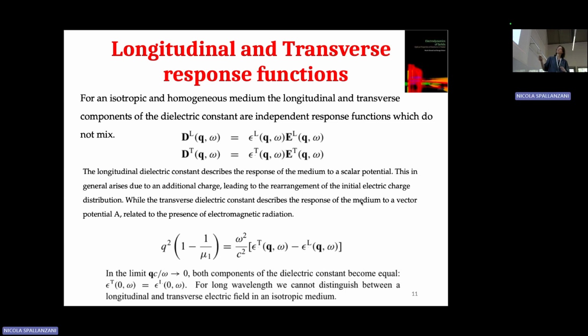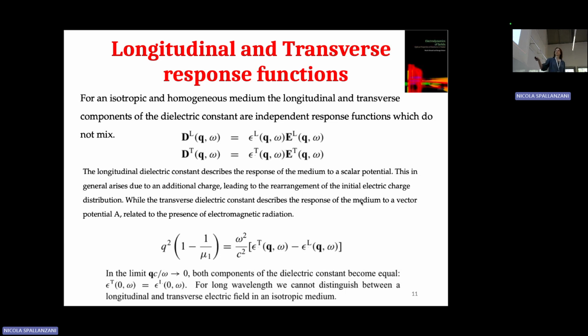The longitudinal dielectric constant describes the response of the medium to a scalar potential, while the transverse component describes the response of the system to the electromagnetic radiation, or the response of a medium to a vector potential A related to the electromagnetic radiation.